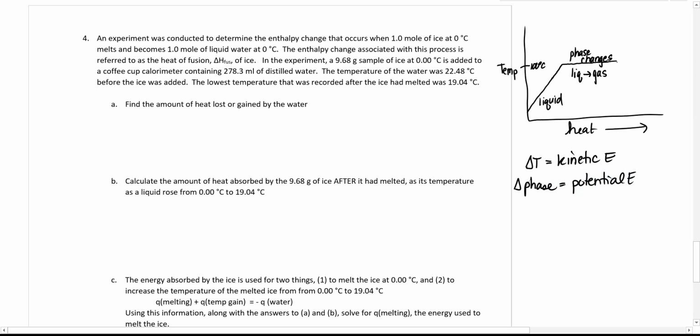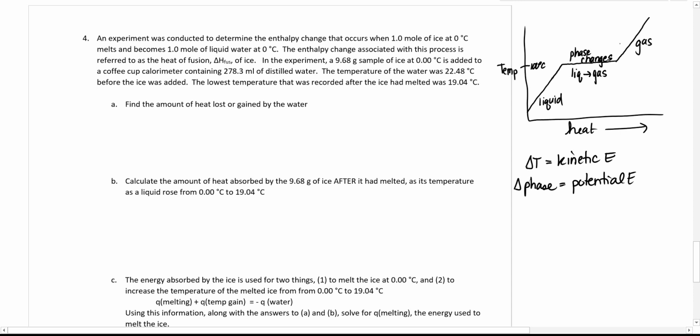Once you go through that phase change and everything becomes a gas, then as you keep adding energy, the temperature of the gas would start to increase again. So we're going to look at the interplay between temperature changing and phase changing, and try to figure out how much energy it takes to melt some ice.